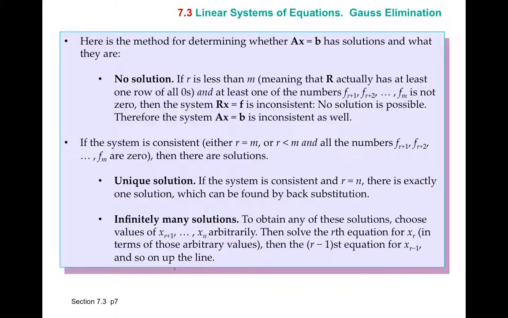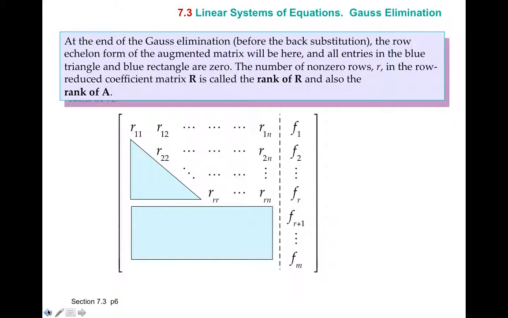This would mean, for example, that for these variables, you're going to have to select a value. So you're going to have to select a value for your variable from the rank R up to the number of equations M, because they're not solvable from a matrix method. So this is called a parameterization approach.